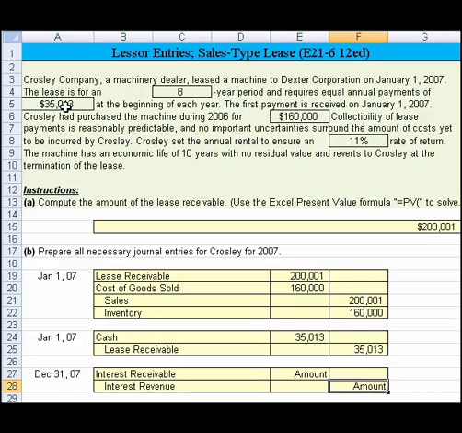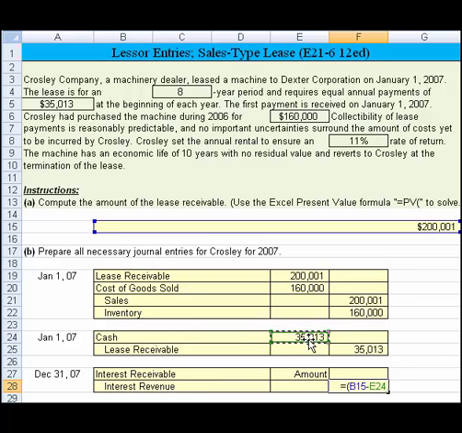And that amount would be equal to the 200,000. Now watch how I'm going to do this. The 200,000 of the present value of the lease. Let me do it this way with parentheses. We'll make it equal to the 200,000 less the 35,000 they paid immediately.